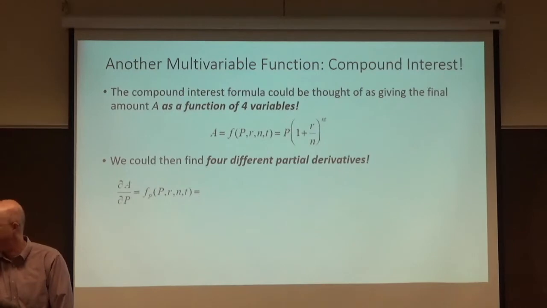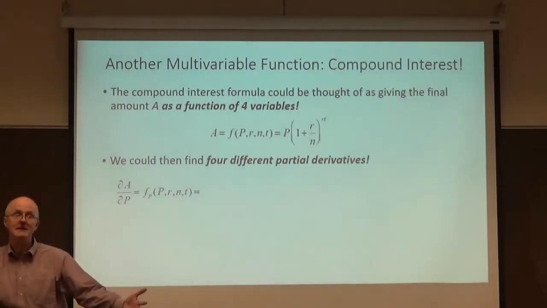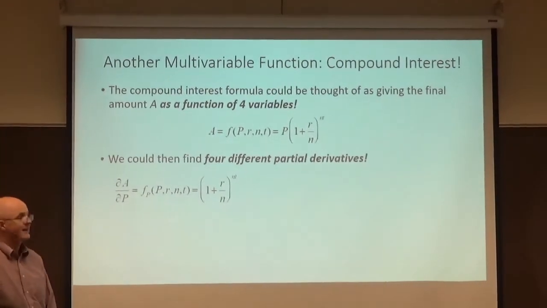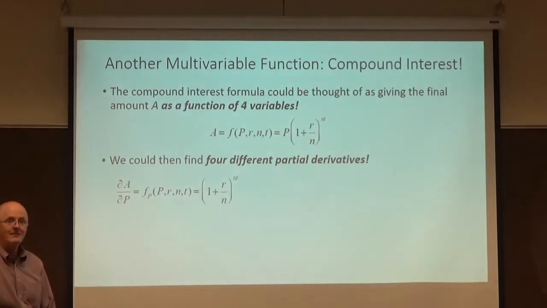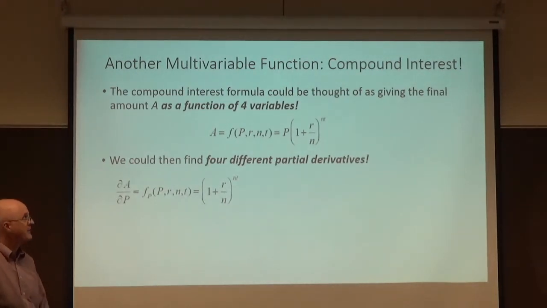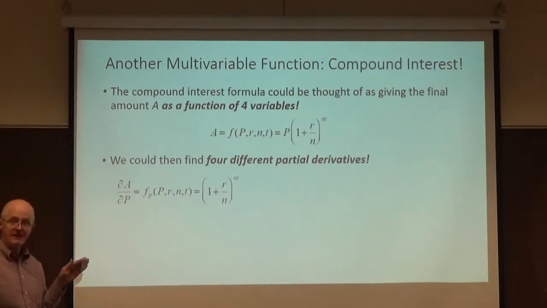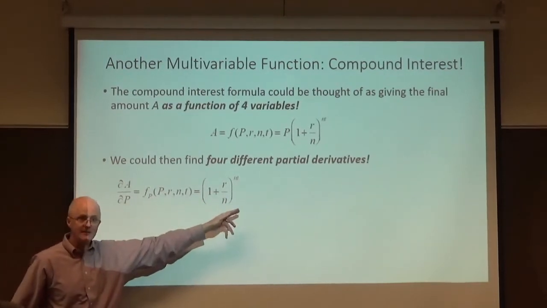So the derivative of a constant times the variable is the constant. There it is. That's a constant when you are thinking of r, n, and t as constants. The graph of A as a function of just p alone would be a straight line through the origin, with a slope equal to this.